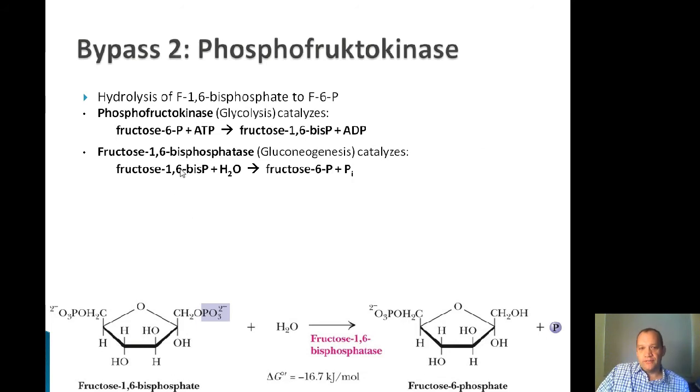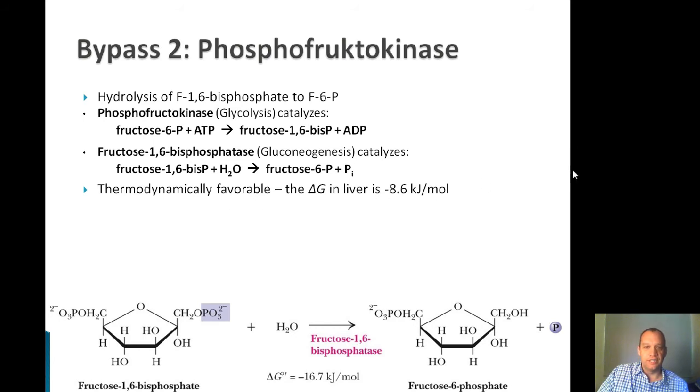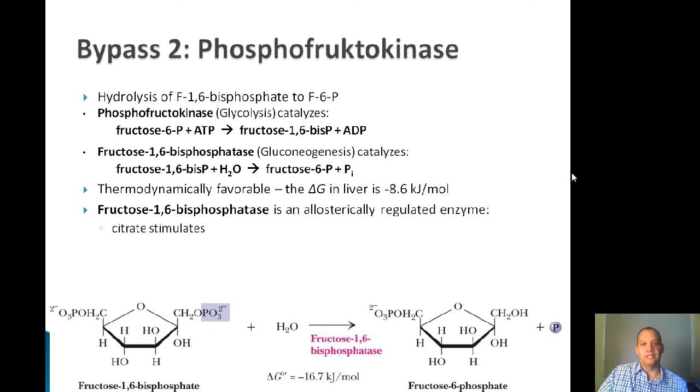So that means that the reverse reaction, the phosphatase reaction catalyzed by the enzyme fructose 1,6-bisphosphatase, can actually happen spontaneously. Fructose 1,6-bisphosphate in water, because it's a hydrolysis reaction, yields fructose 6-phosphate and an inorganic phosphate. As I said, it's a thermodynamically favorable reaction. The delta G in the liver is approximately minus 8.6.